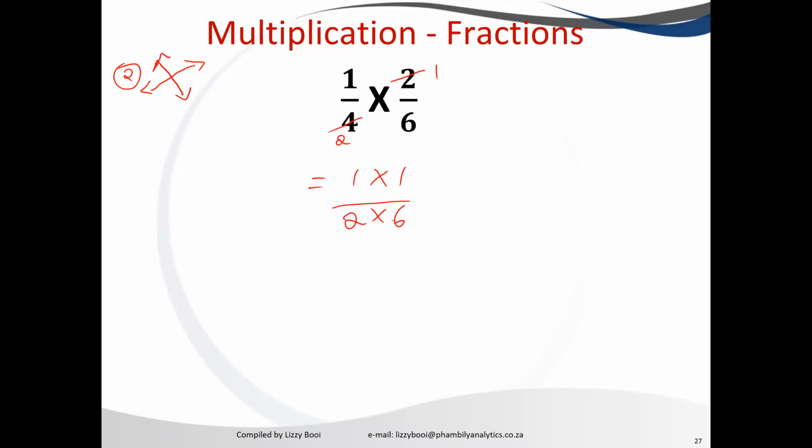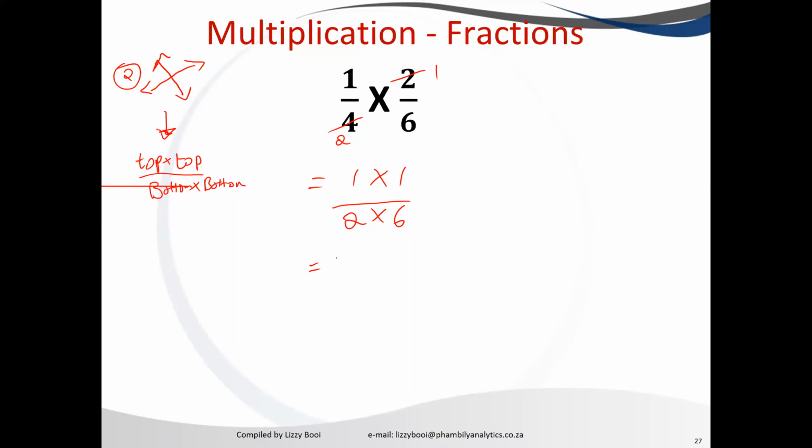Remember that we apply the same rule as we did with the first one. So we do that crisscross simplification, and then we do top multiplied by top, and then bottom multiplied by bottom. That's what we do.